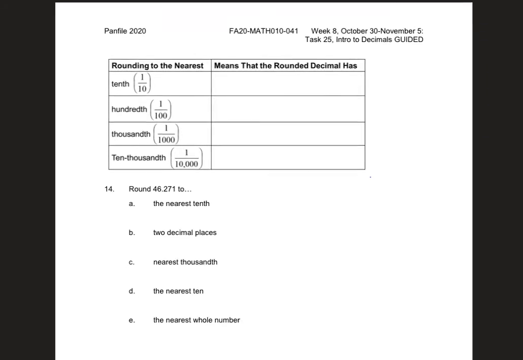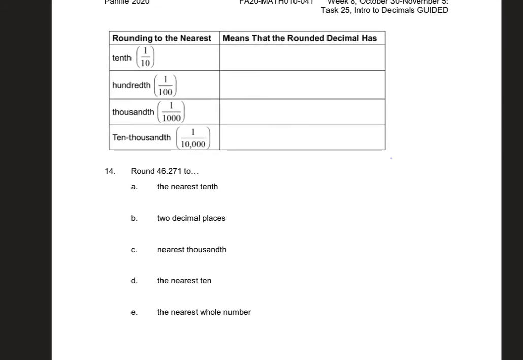All right, so looking at rounding these things, we are actually thinking about, these you're going to have to put to memory. There's no ifs, ands, or buts about it. If they say you're rounding to the nearest tenth, that means you're going to have 1 decimal. If you are rounding to the nearest hundredth, you have 2 decimals.